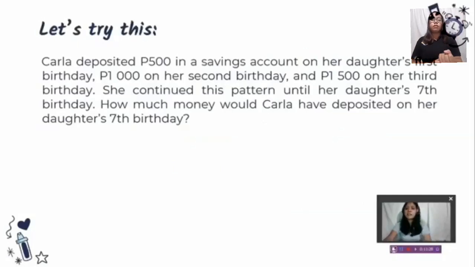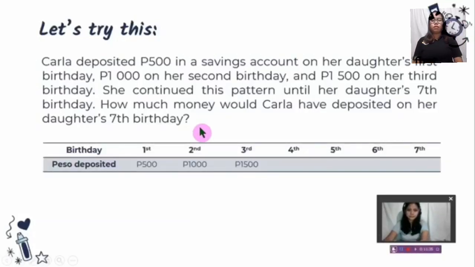How much money would Carla have deposited on her daughter's seventh birthday? So let us show this problem in a table. So we have first, second, third, fourth, until seventh birthday. And on the first birthday, she deposited 500. On the second birthday, she deposited 1,000. While on the third, she deposited 1,500.